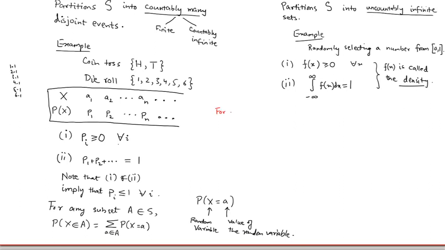For discrete random variables, the density function is the probability, but for continuous random variables, this density function f of x is not the probability.